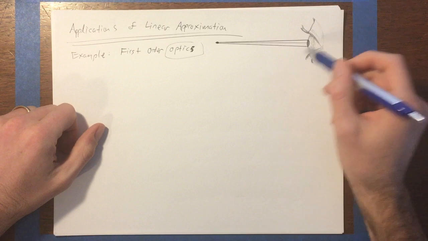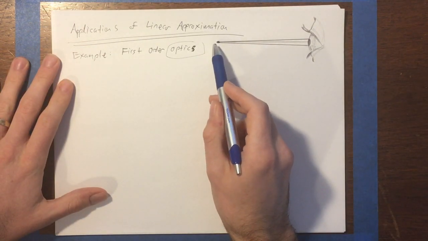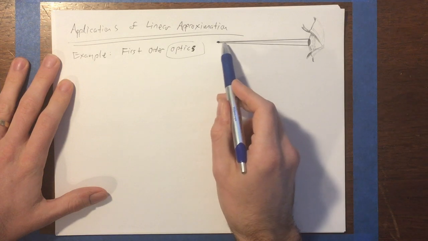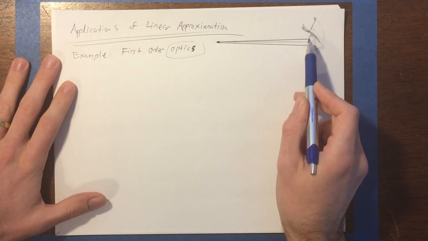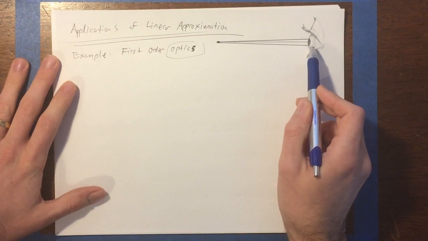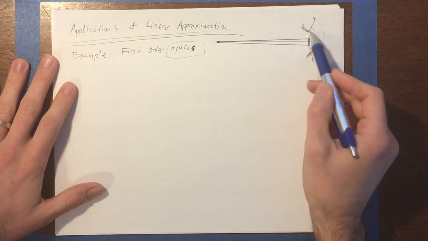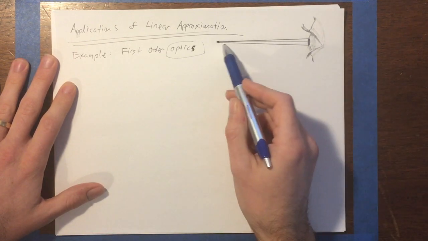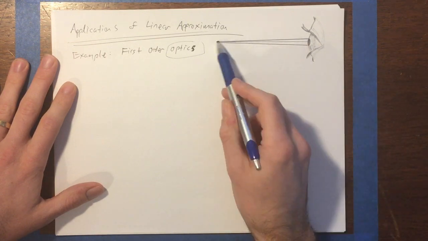If you have an object that's far away, let's take a point on that object, light's going to bounce off that point and come into your pupil. Your pupil isn't a single point. Your pupil is a hole, but it's pretty small. So the light bouncing off this point is going to enter your pupil, or the lens if you put a lens over the pupil, along different rays coming out from that point.